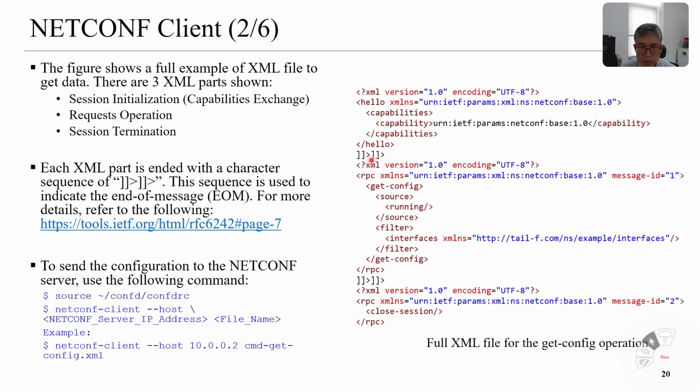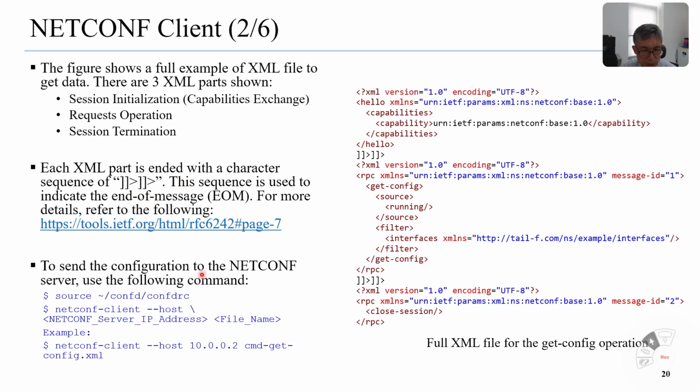We have this sequence of characters, a square bracket and angle bracket sequence, which indicates the end of the XML part. Then comes the actual NETCONF operation, and then the termination part. This sequence of characters is used to indicate the end of a message.